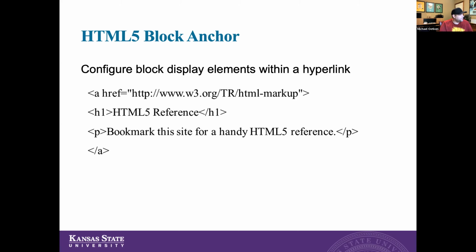So we have our first part, the a href equals, and your URL or your relative link, whatever it might be, and that's our opening tag. Before we add in the closing anchor tag, we put in our H1 and our paragraph sections, and then we wrap that with the closing anchor tag. So that whole thing would be linked.